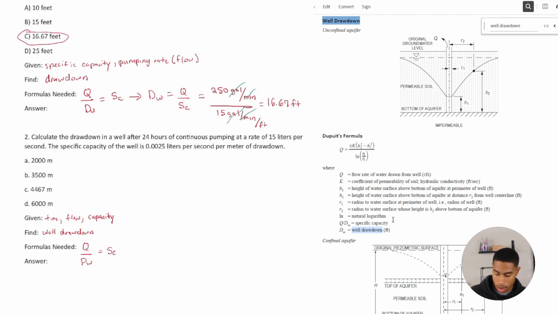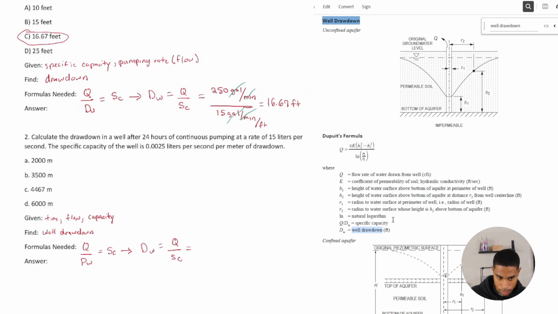Okay. And then we want to convert it again to dW is equal to Q over SC, our specific capacity. And then it's just plug and chug from there.